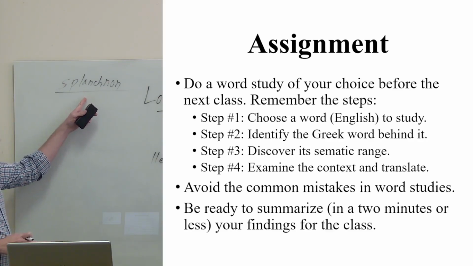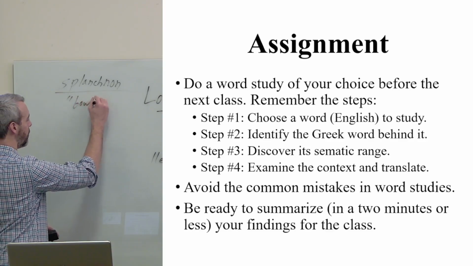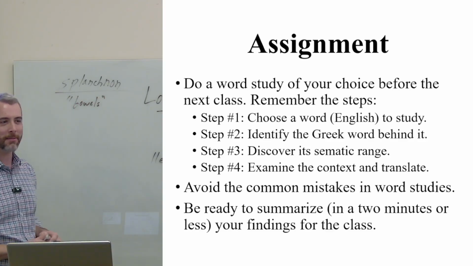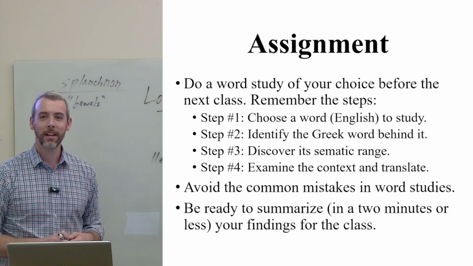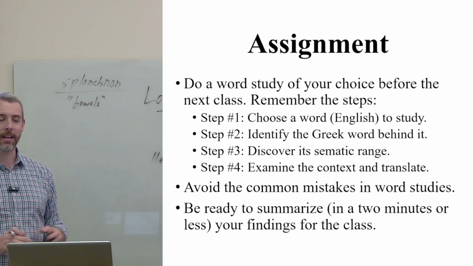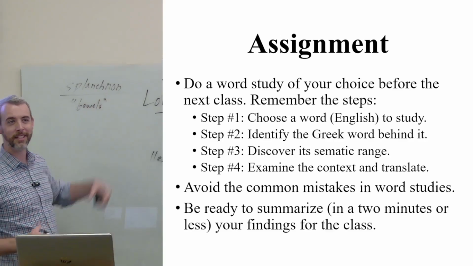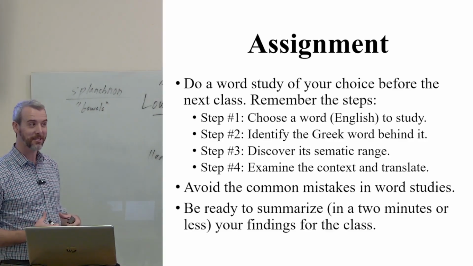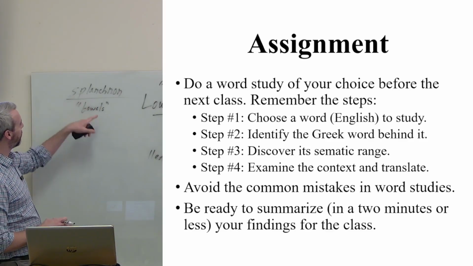It's related to the word mercy. It's that bowels of mercy type idea. You also have a verb form of that. If I remember right, it's an onomatopoeia, it kind of sounds like what it is. It's guts. And so splagchnon, splagchnizomai. It's kind of a fun word.